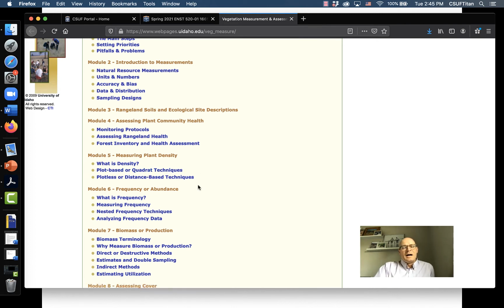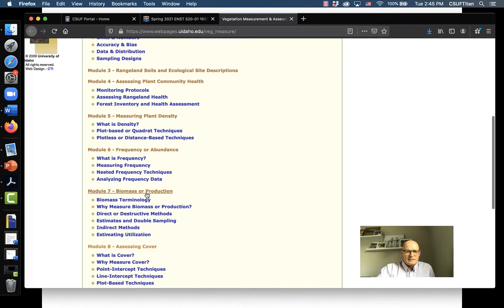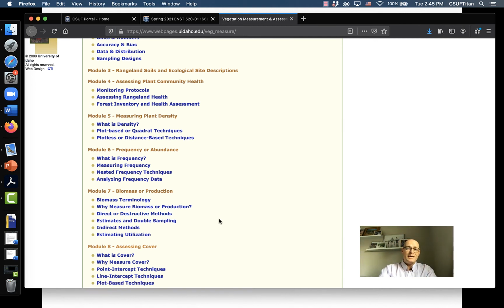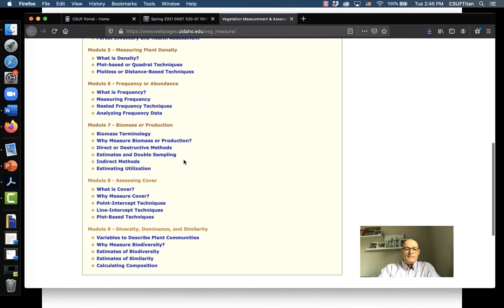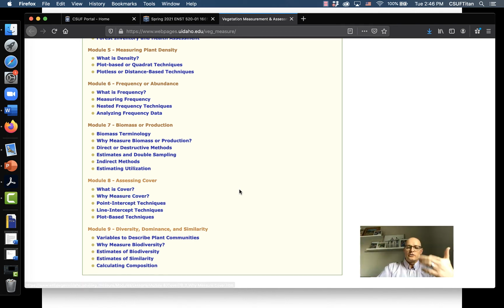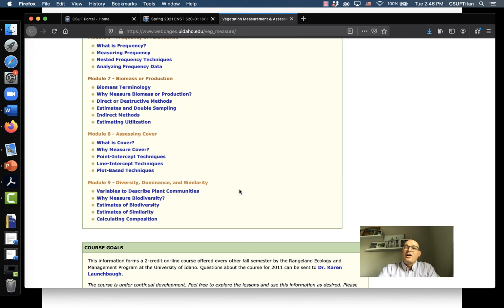There are line plots. There are area plots. When you're talking about biomass and production, you have to clip things. Do you directly measure? Do you use destructive measures? Do you weigh things? Do you do line-based plots for coverage? Do you do plot-based? Do you throw hoops? There's all sorts of different ways, and you can look through all of these things. And they all have different strengths.